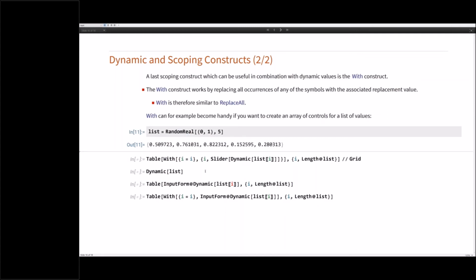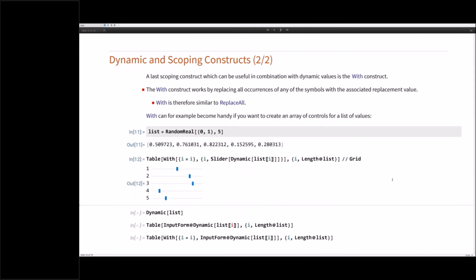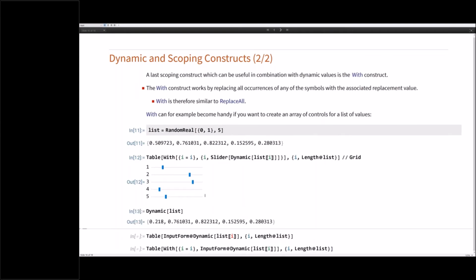The solution is here. It looks a bit complicated. I will go through it in a moment. So if I just adjust the first slider here, I am adjusting the first element of the list, the second element, third, fourth, and fifth element.